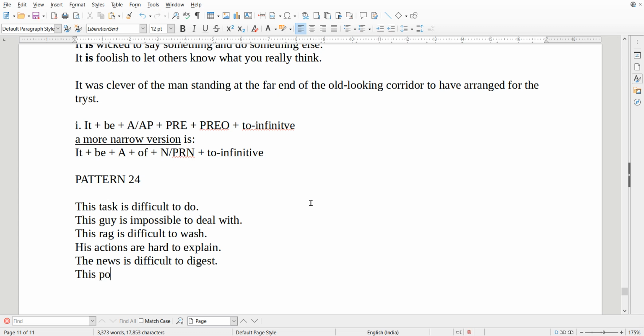This poison is pleasant to take, but that's a stupid sentence. Anyway, this medicine is pleasant to take.